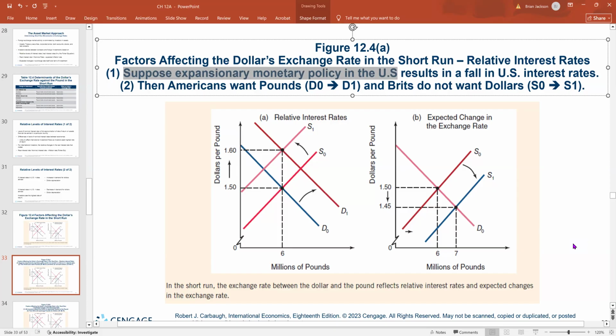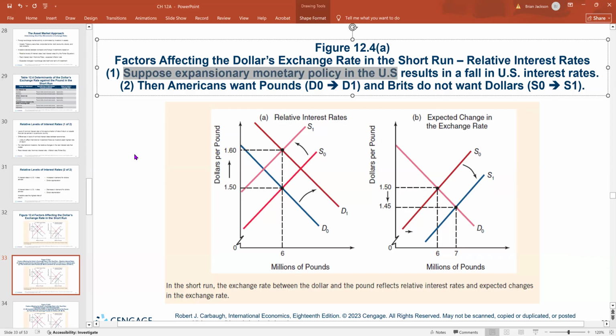Just sudden things in the news, okay, will push investors one way or the other. So the linkage here is news items, current events, work through the asset market approach to push exchange rates in the short run, one way or the other.